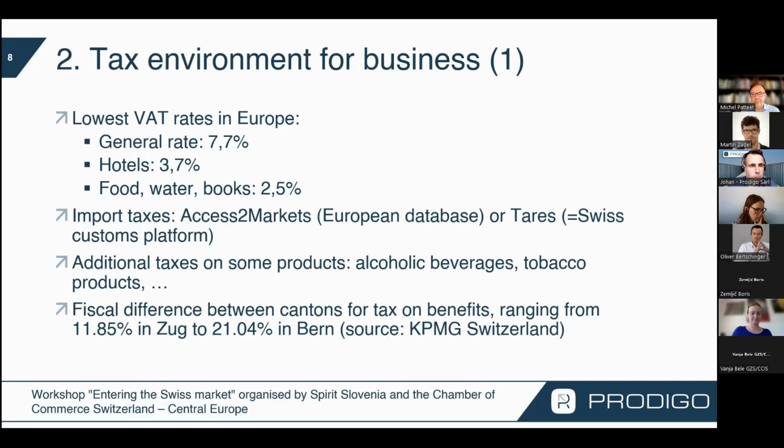For example, in Zug, the tax on benefit is 11.85%, whereas in Bern, the highest rate, the tax is 21.04%. So the difference can be important, almost 20% between these two cantons.